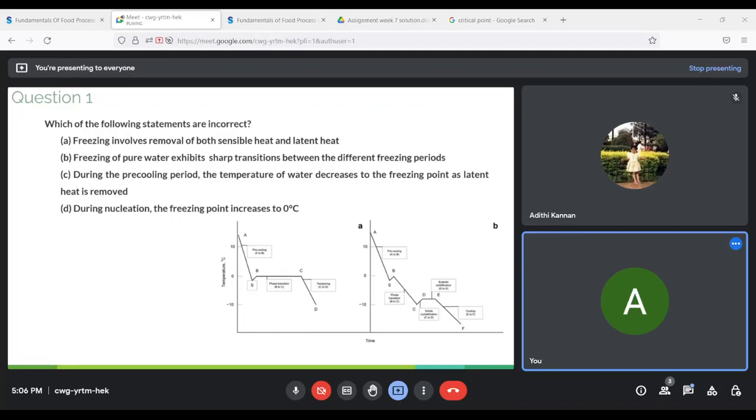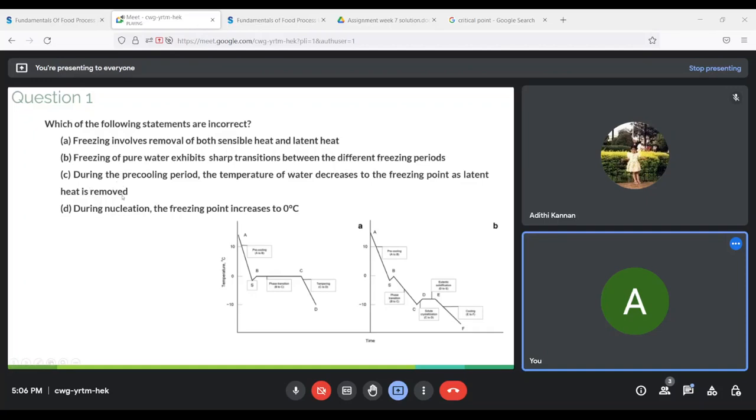That is, the freezing point of a solution directly depends upon the concentration of a solute. The higher the concentration of the solute, the lower will be your freezing point. So during freezing of a food product, your water molecules will be frozen and the concentration of your solute will gradually increase. Because of that, your freezing point will also start decreasing. That is why you can see a gradual decrease from B to C as well, but this is not seen in case of pure water since you do not have any solute in that case. So your B option is also correct.